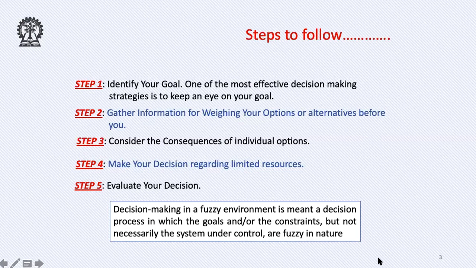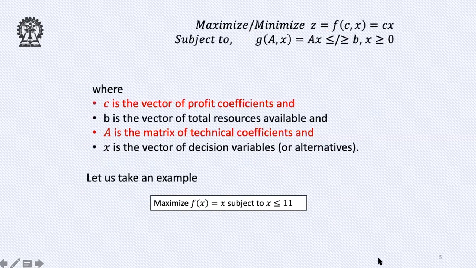That's why I need not say why fuzzy is needed. Rather, I would say that if the environment is imprecise in nature, collection of information in an imprecise environment is not so easy, because either the information is qualitative, or quantitative, or a combination of both. That's why decision making in a fuzzy environment is really a challenge for us.